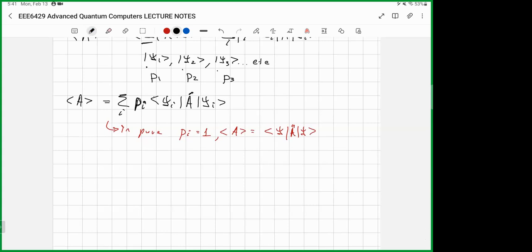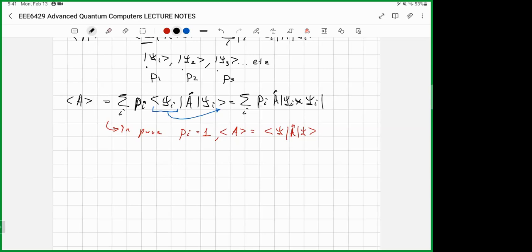So now let's rewrite this a little. We can take this bra vector and write it on the right side, like this. So it will be p_i, then this operator A, then psi I, and then this psi I, like this.